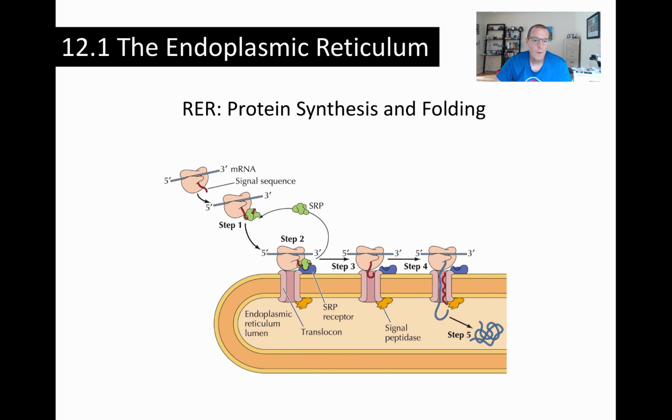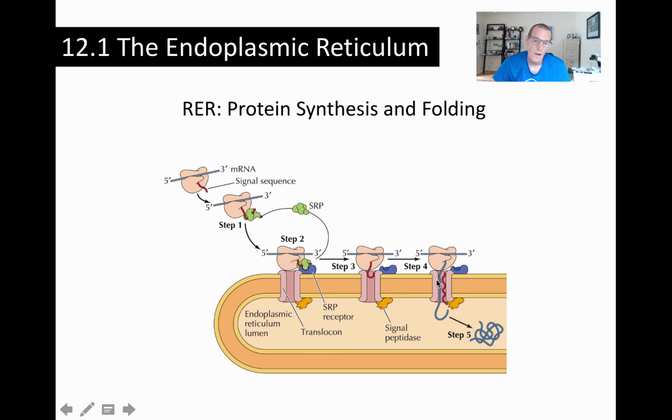So once the SRP receptor binds to the SRP, the signal peptide is threaded through this structure called the translocon, and then the remainder of the amino acid synthesis in the polypeptide begins, and then the signal peptide is actually cut by a signal peptidase, which is on the luminal face of the ER and associated with the translocon.